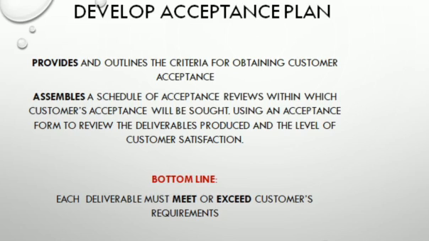Maybe in this case, you tell the project sponsor to come, the sponsor will assess that deliverable, and once he is satisfied, you bring out your acceptance form, you tick it, the sponsor will sign, you yourself will sign to show that that deliverable has met the quality desired by the project sponsor.